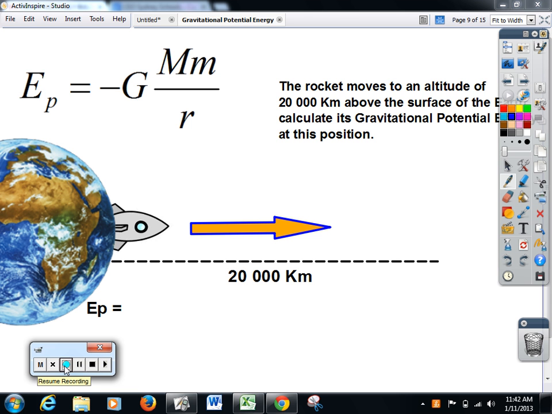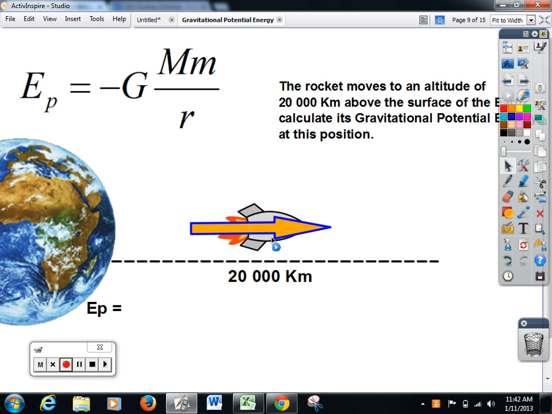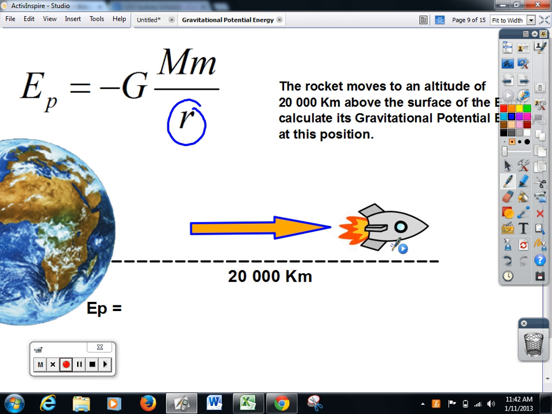We're not going to do this question here, but just so that you can work this out. This one here is a rocket moves to an altitude. So it moves out to here, which is 20,000 kilometres. The radius, this R here, is the distance between the rocket and the centre of the Earth.